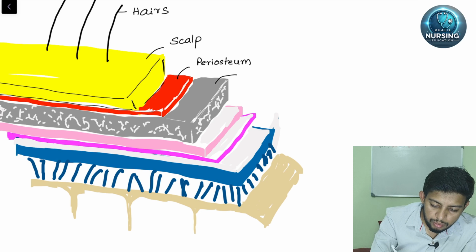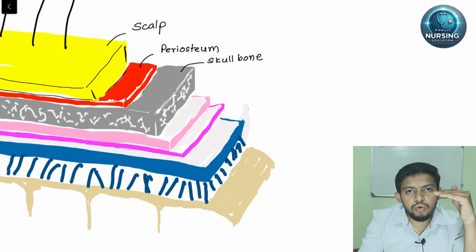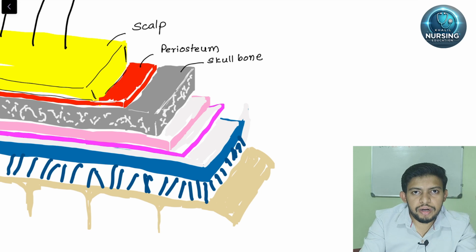This is the skull bone. Below the skull we are having the dura mater. The dura mater is made up of two layers: the outer periosteal layer and the inner meningeal layer.